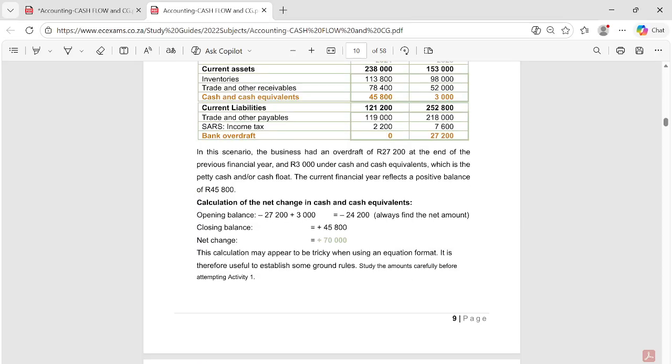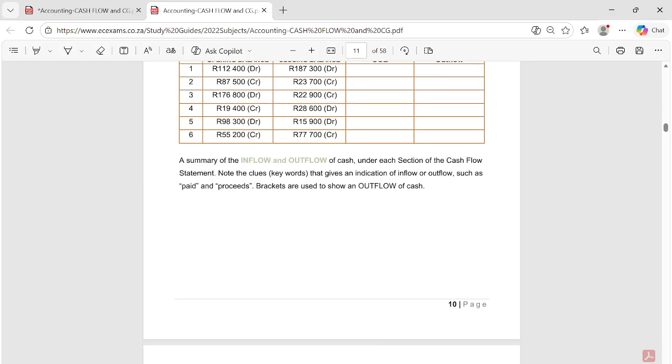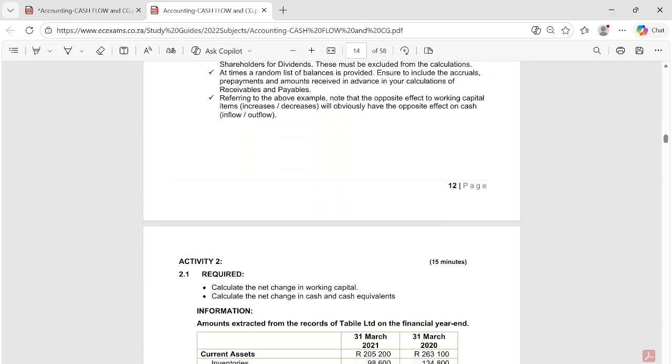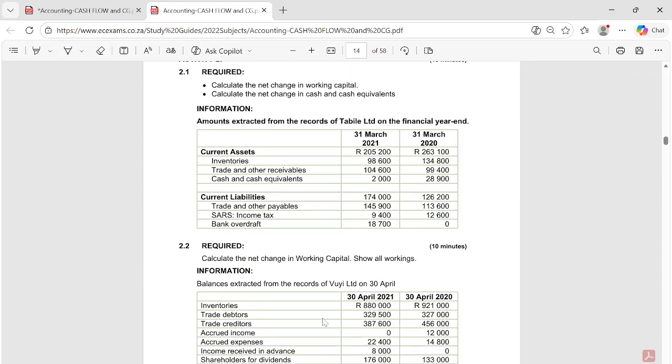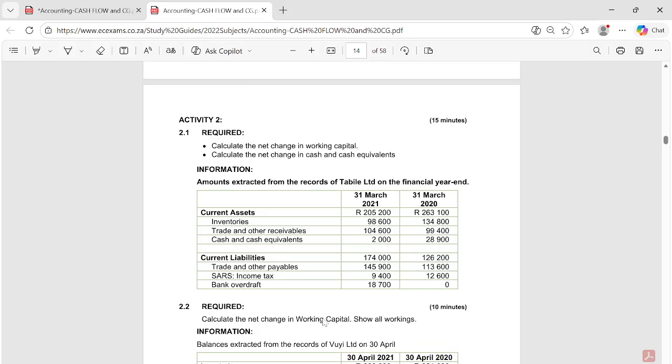It's explaining cash and cash equivalent. Let's just stop here. So we have our cash and cash equivalent, which is 2,000 and also 28,900. We'll assume that it's under current assets, so it's an asset and it increases.